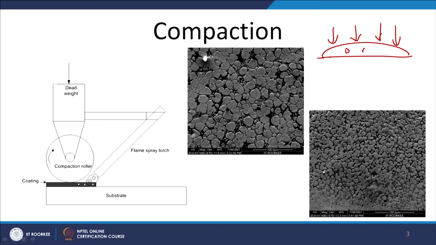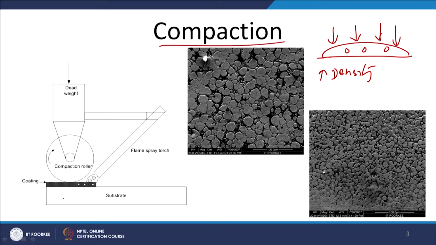Such compaction or pressurization leads to the collapse of these pores and inclusions if they are present, and thereby increases the density by eliminating the pores and fracturing the inclusions if they are there. This kind of process is called compaction.